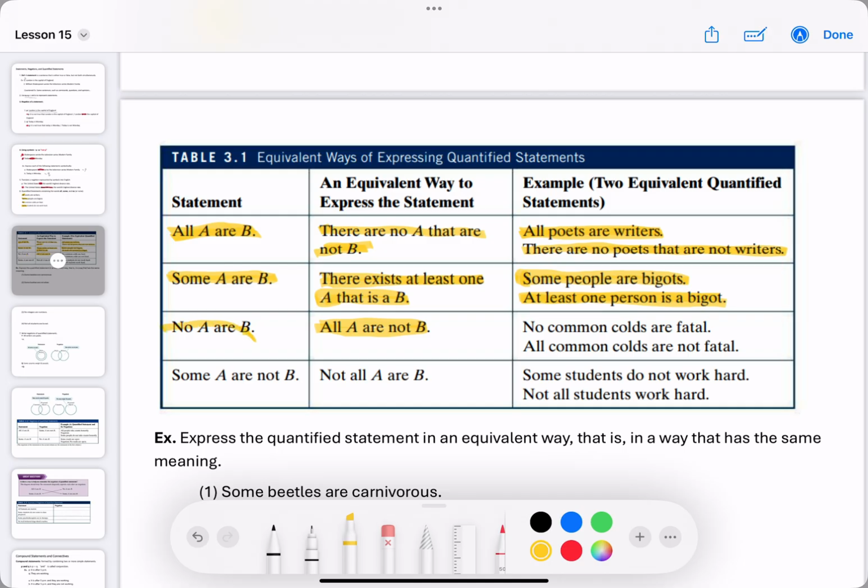All right, all A are not B. Let's see the example. No common colds are fatal.